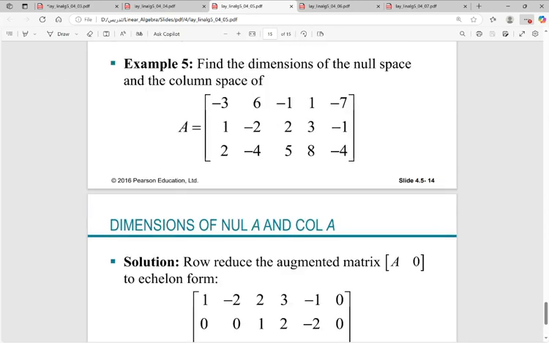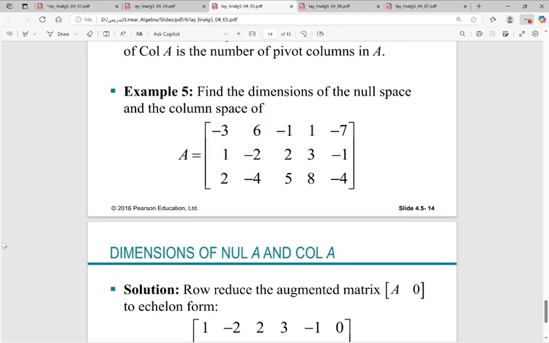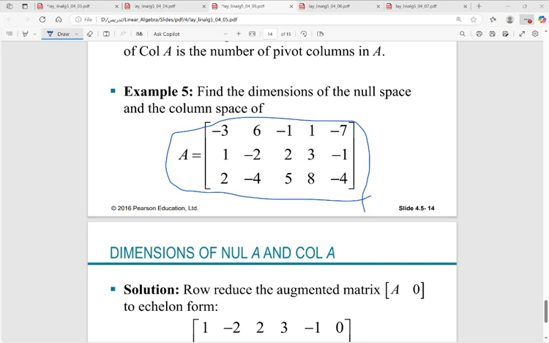Okay, so great, we have an example. We have a matrix like this. Do you see this matrix, matrix A? Yes, Doctor, we see.